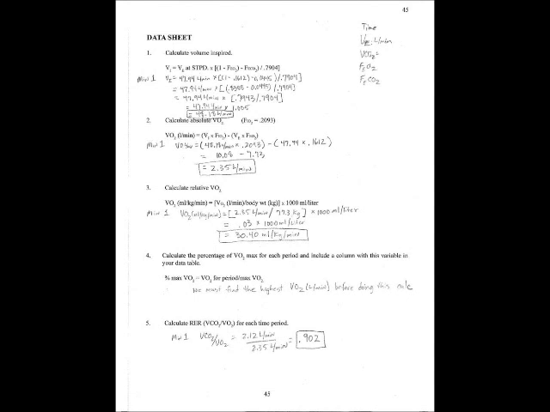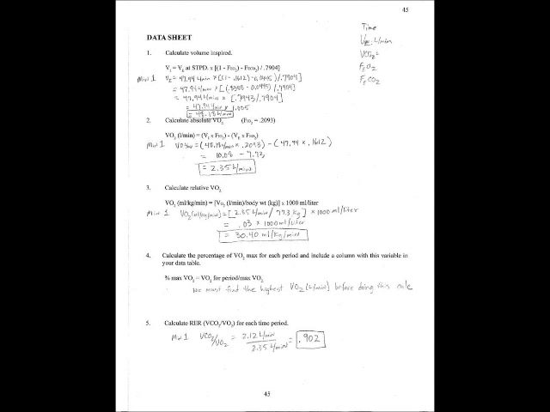Number 4, it says percentage of VO2 max equals the VO2 for the period, each minute is 1 period, over the max VO2. So the issue there is we have to calculate number 2, or absolute VO2, for every minute. So minute 1, 2, 3, 4, 5, and 6, you're not going to use the last one, which is 704.